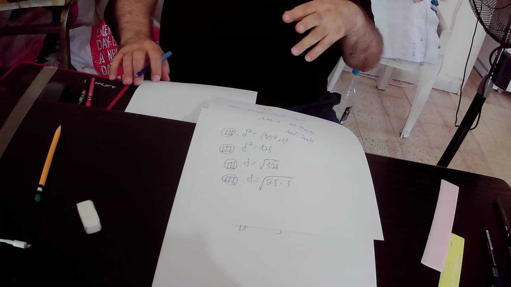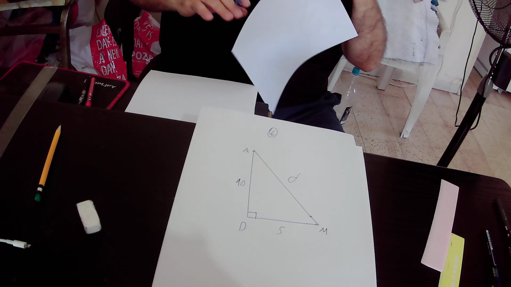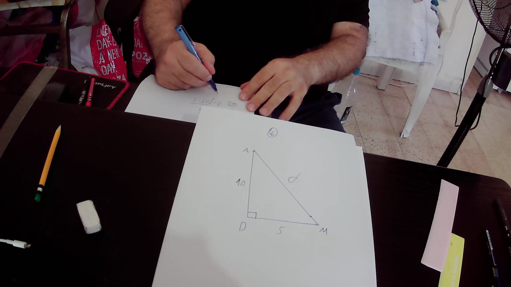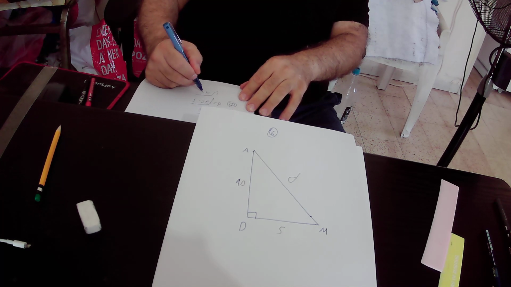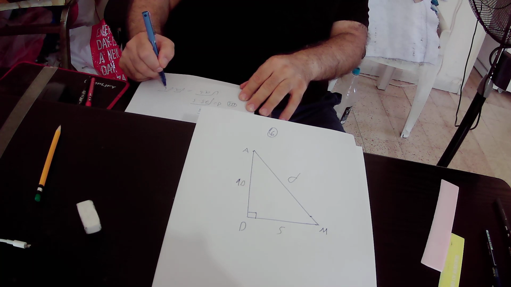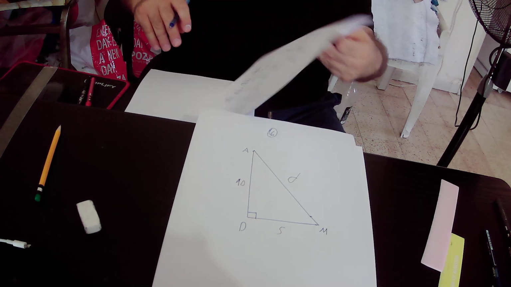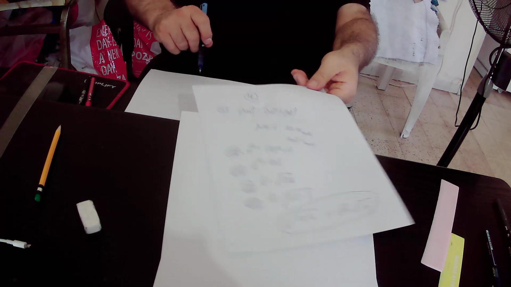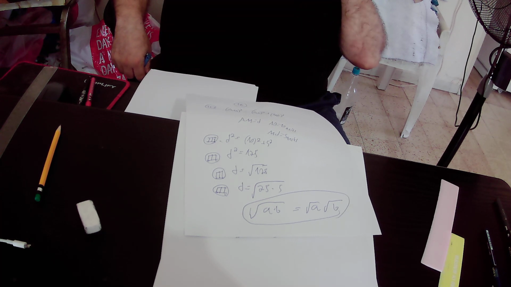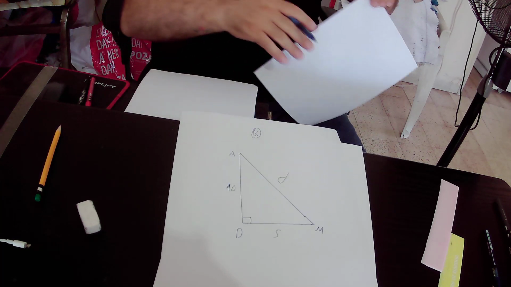Now we can split the root into two roots according to the rule that the root of a times b equals root a times root b.